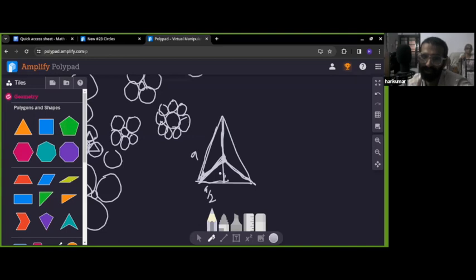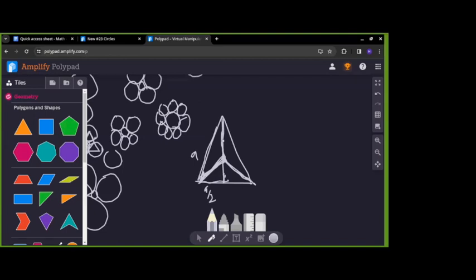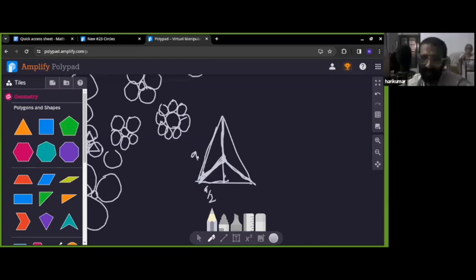Is there a nicer way of putting it? No, you are on the right track. You have to apply the Pythagoras theorem.